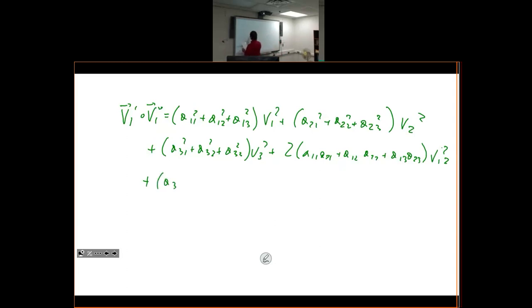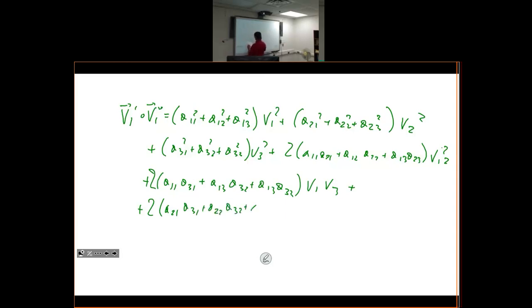Plus, this is 2 plus 2 again, A11 A31 plus A12 A32 plus A13 A33, times V1 V3, plus 2 times A21 A31 plus A22 A32 plus A23 A33, times V2 V3.